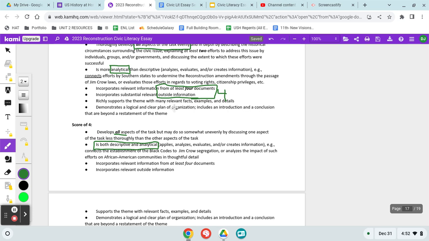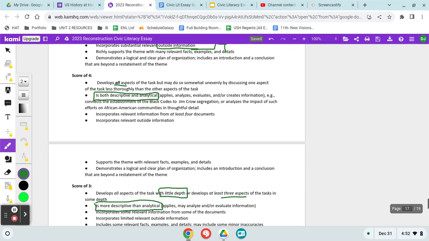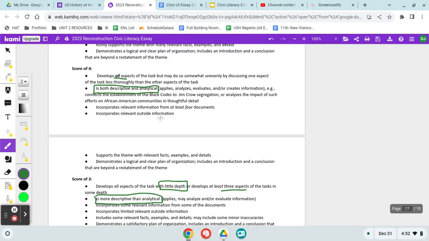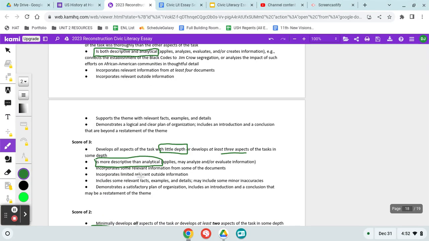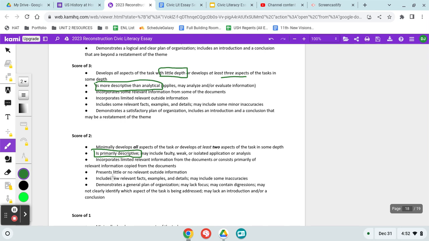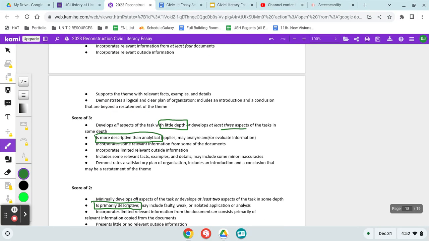You really need to incorporate outside information to get even a 5 or a 4, or even to get down to a 2, right? A 2 is little or no relevant outside information. So there's going to be a short part where we talk about brainstorming outside information. You need to be able to connect your analysis not just to what's in the documents in front of you, but to other things that have happened in history or the present day.